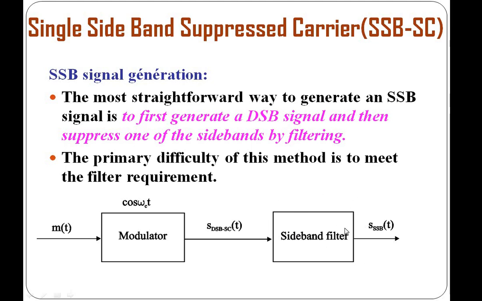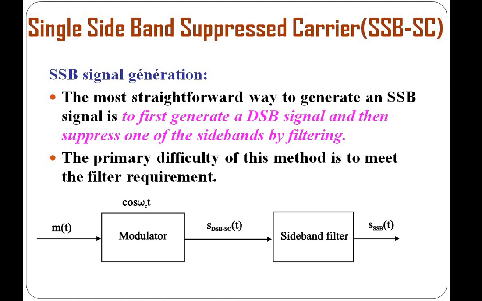The only complexity here in this SSB signal is that the method should meet the filter requirements. Which filter we have to choose very wisely for getting either the lower sideband or the upper sideband. This is the only primary, initial difficulty that you will be getting: to choose wisely which filter.